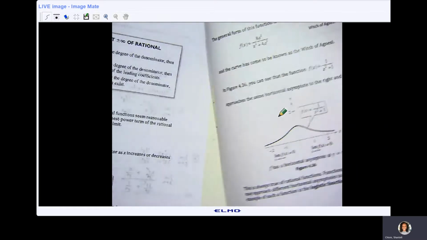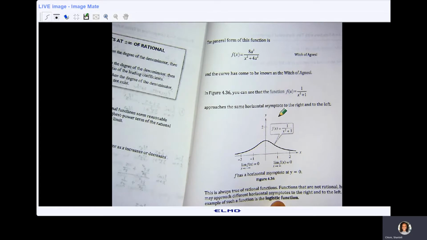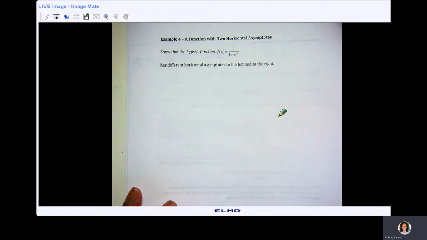Okay, so I've got some more examples here. A function with 2 horizontal asymptotes. This one talks about a special problem, a special function. It's called the logistic function. On this previous page, I just introduced it to you, how we got it. But you don't have to worry about how we got it necessarily. This is a function where we're asked to show that the logistic function has different horizontal asymptotes at each end.